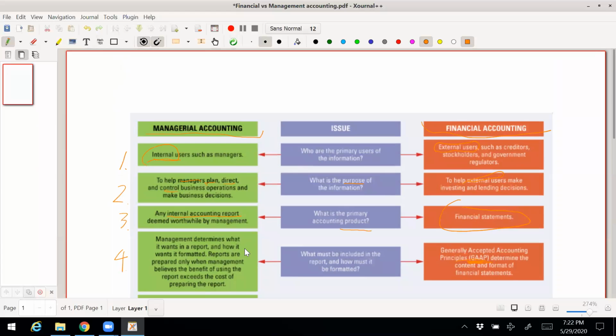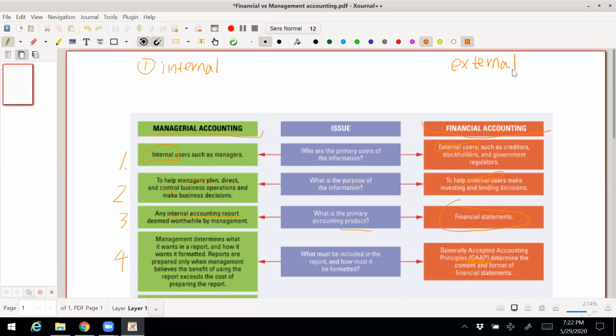So the main difference, as I already mentioned, I put it here, right? Managerial accounting is for internal use, and financial accounting is for external use. So that's the big difference. Therefore, if you report for external use, you have to have a very uniform format.